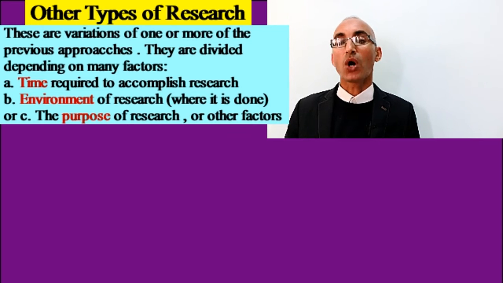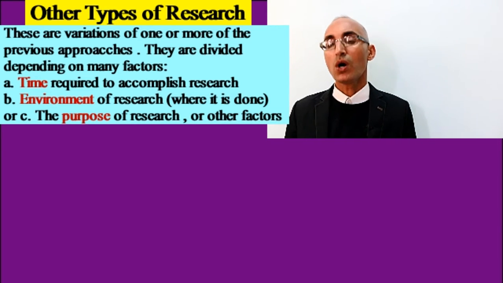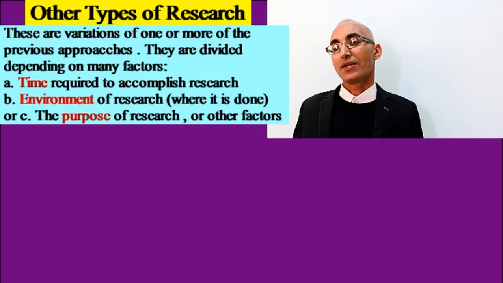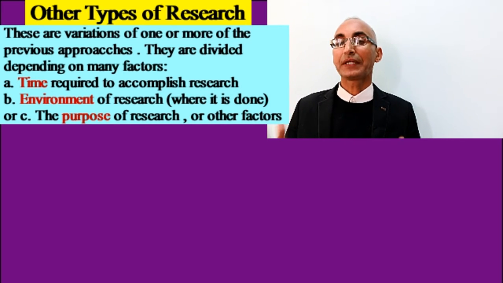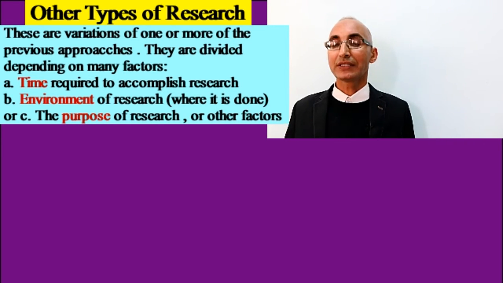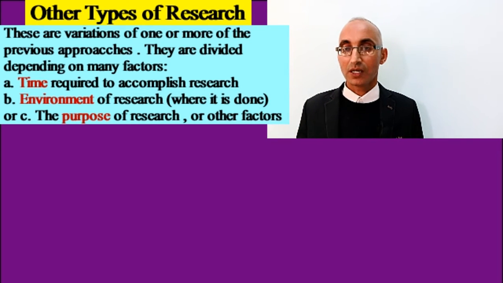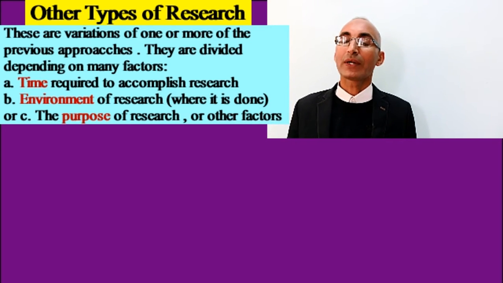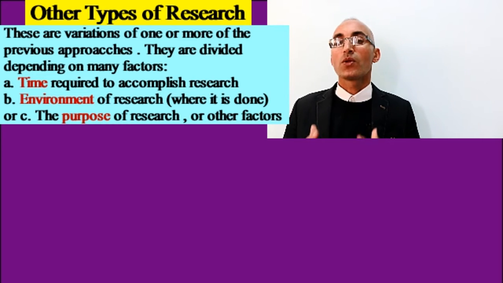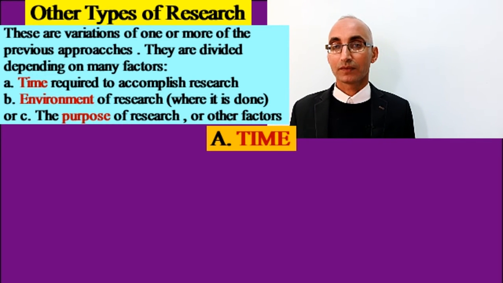Second, the environment of research, where it is done. Or the purpose or objective of research, or many other factors. These determine new types of research and new divisions and dichotomies at the level of these different types of research. Now let's start with the first factor, which is the point of time.